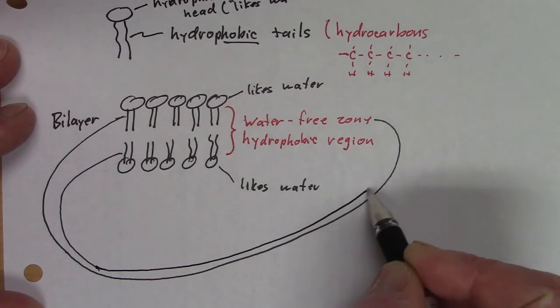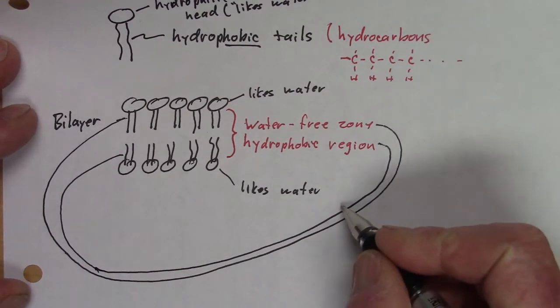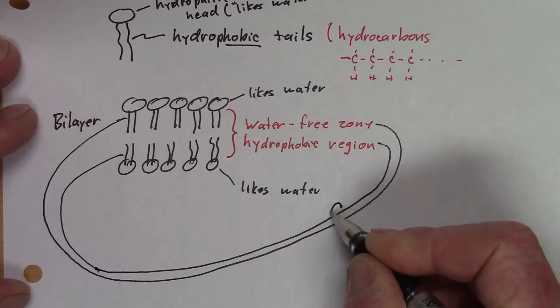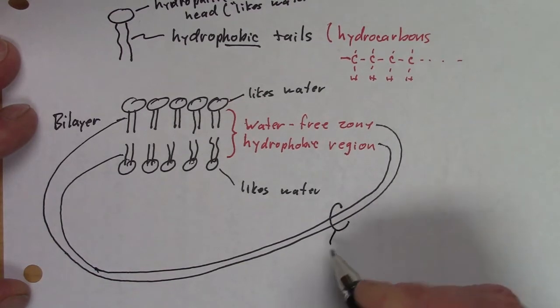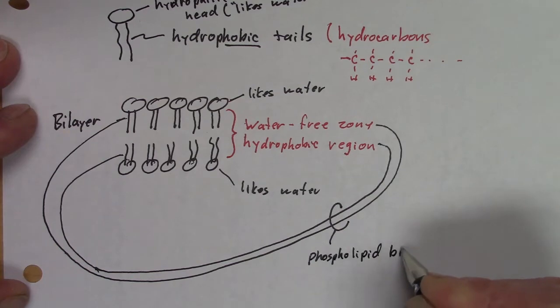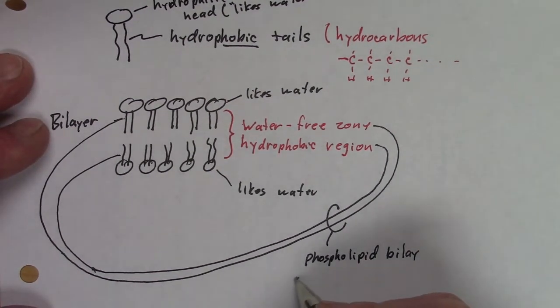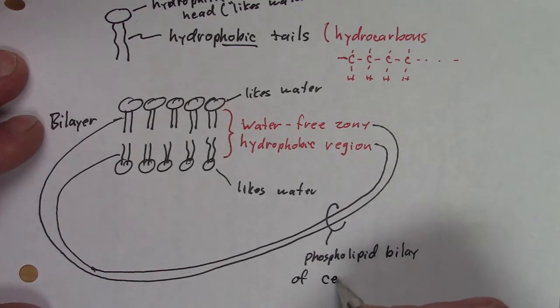And these two lines that I'm drawing are representing the phospholipid bilayer of the cell membrane. Phospholipid bilayer. And we typically just call this the cell membrane.